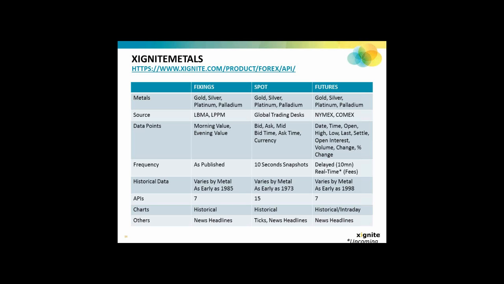We consolidate all this information into a real-time feed that is updated pretty much around the clock, except when markets are closed on weekends and for about 45 minutes during the day.